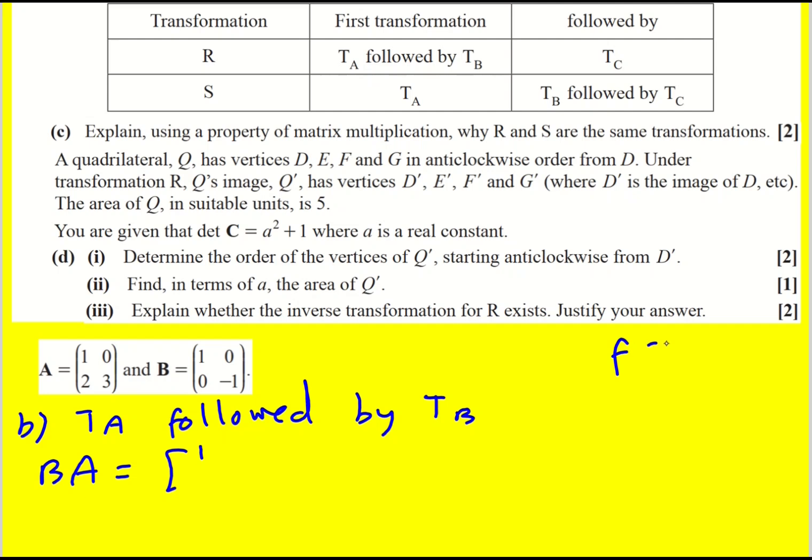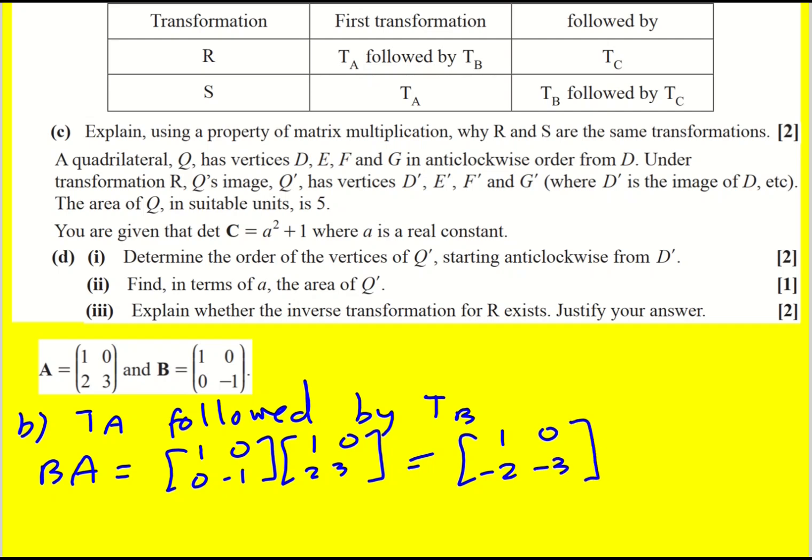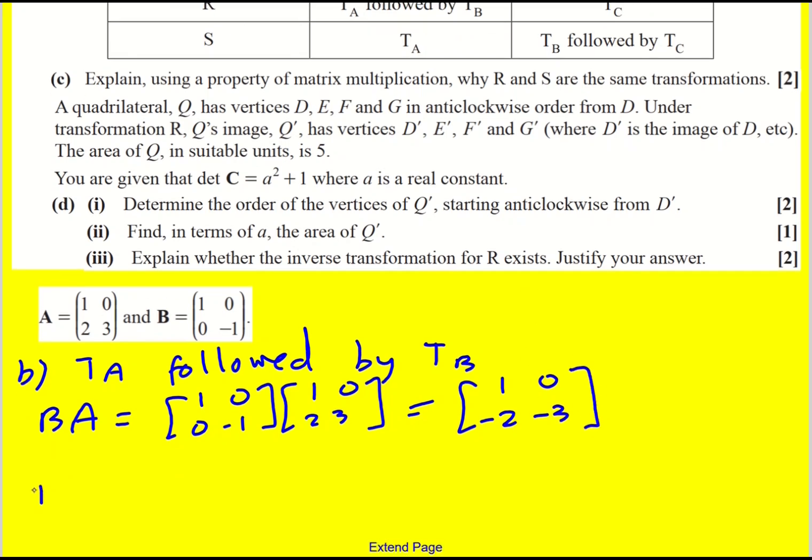A bit like with functions. Do G first and then F. So 1, 0, 0, minus 1 multiplied by 1, 0, 2, 3, which is going to give us 1, 0, minus 2, minus 3. And let's do TB followed by TA.